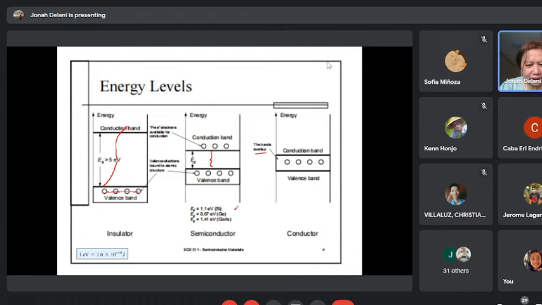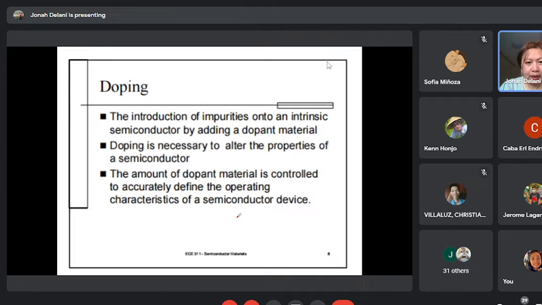For silicon, it is 1.1 electron volt. For germanium, 0.67 electron volt. For gallium arsenide, the energy that the electron would absorb should be 1.41 electron volt.